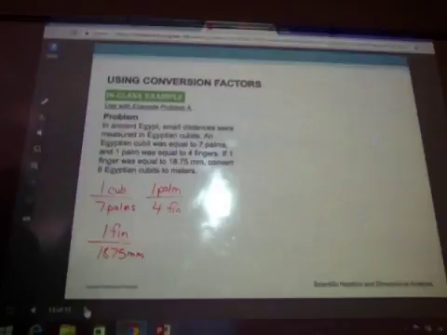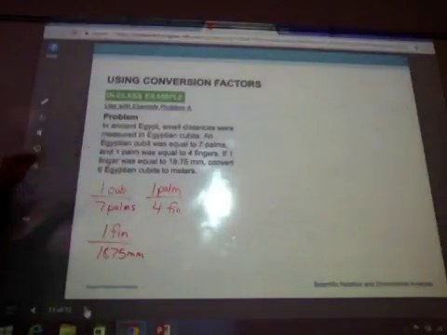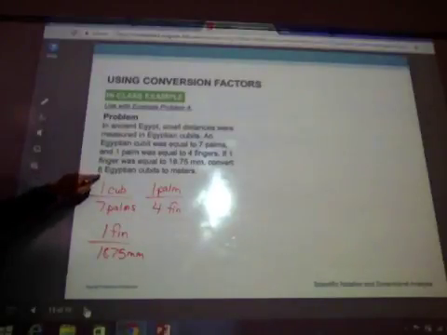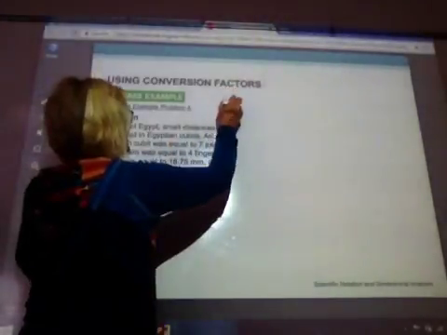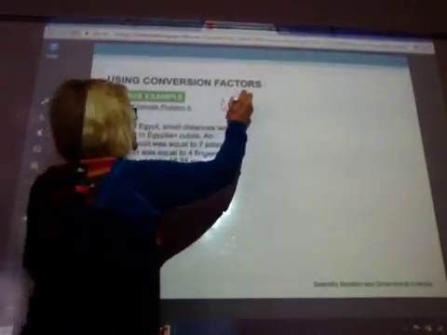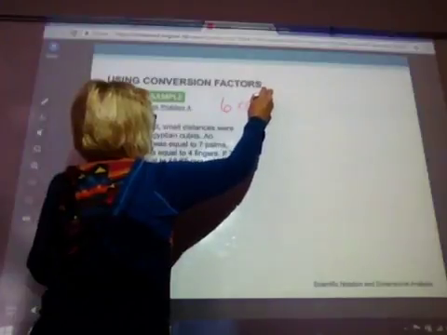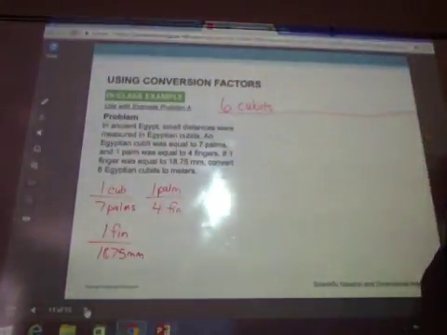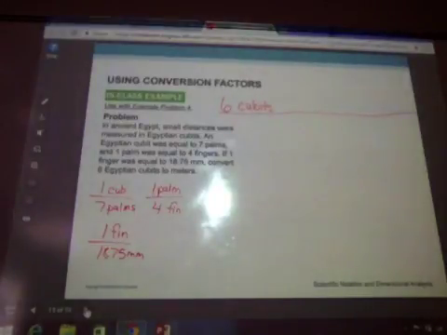2 rules. Start with what you have. So I'm converting what? I'm converting 6, so that's what I'm going to start with. I have 6 cubits. Step 2, you want to know, what am I looking for? What is it asking me to find?